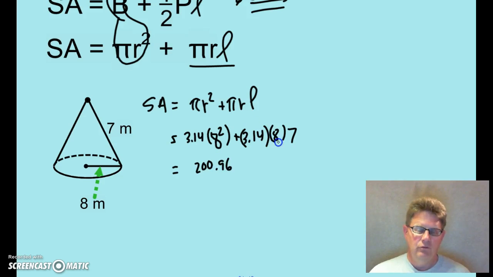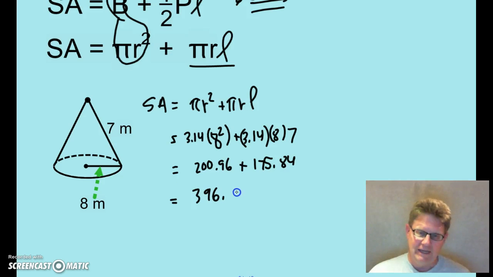And 3.14 times 8 times 7 is 175.84. When you add those together, you get 396.8 meters squared. Let's do one more example, and I think we'll be done with this.